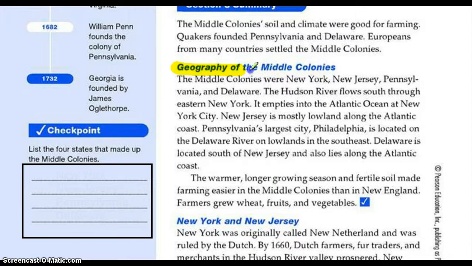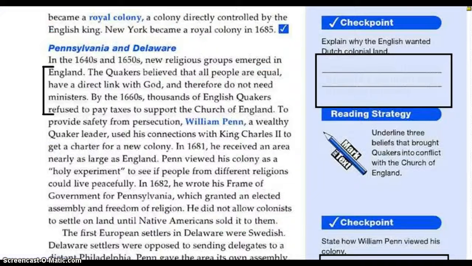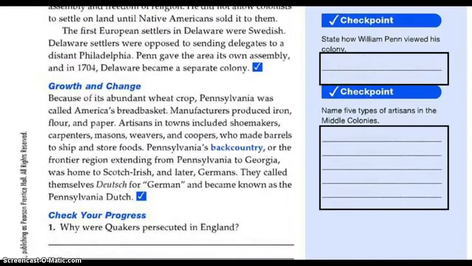We have this heading here called Geography of the Middle Colonies. There's this one here called New York and New Jersey. On the back page you have a heading that says Pennsylvania and Delaware. And down here at the bottom you have another one called Growth and Change.